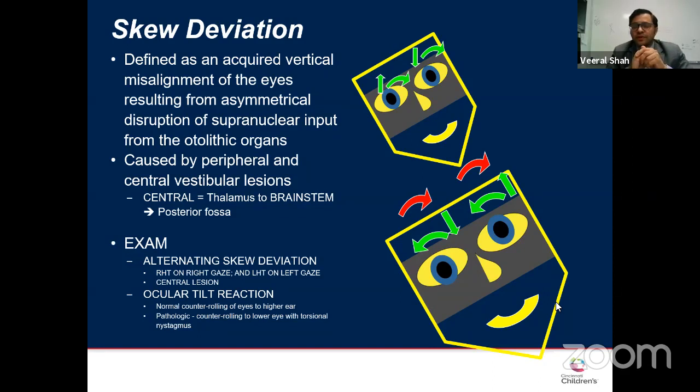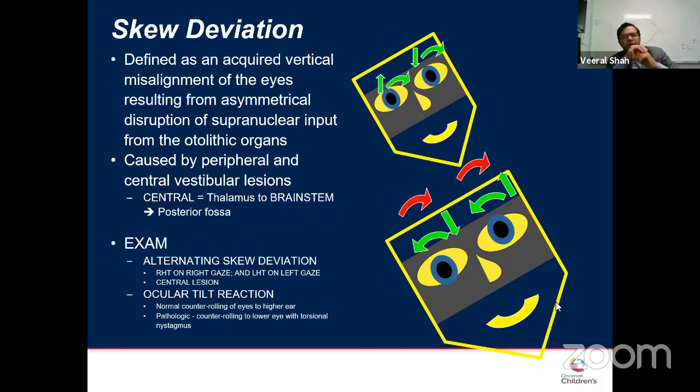Now, exam-wise, it's very difficult. It can present in many different ways. They can have nystagmus. There are two clinical pictures that we see that can help you describe the vertical misalignment that they have.